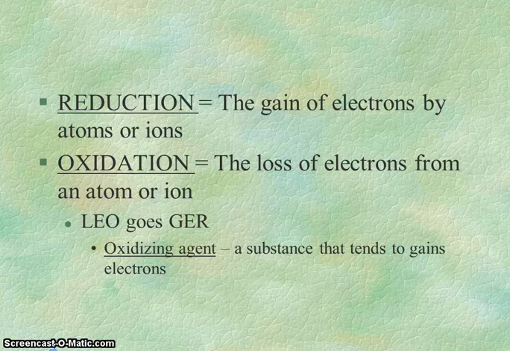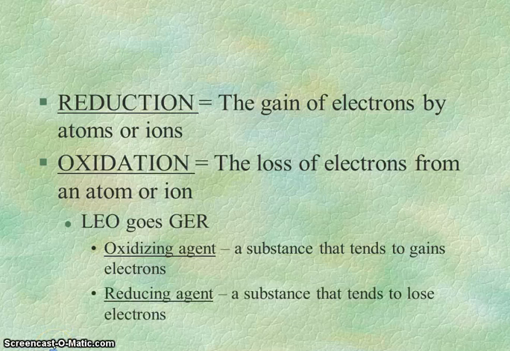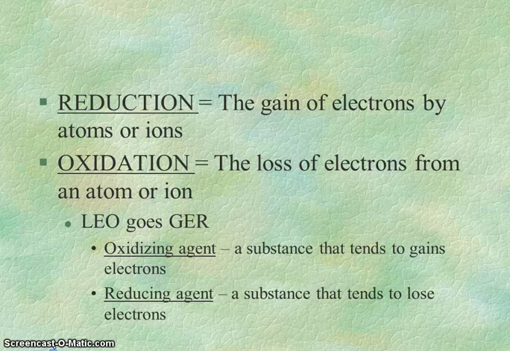Now, two other terms that we need to know are oxidizing agent and reducing agent. The oxidizing agent is a substance that tends to gain electrons, or in other words, it's the substance that's being reduced. And if we think about that, in order for a substance to be reduced, it has to cause something else to be oxidized, and that's why it's called the oxidizing agent.